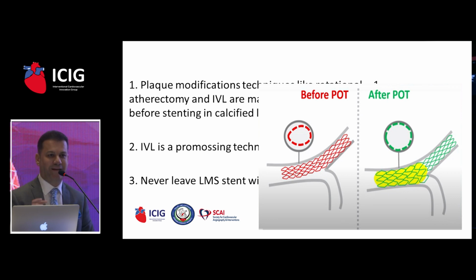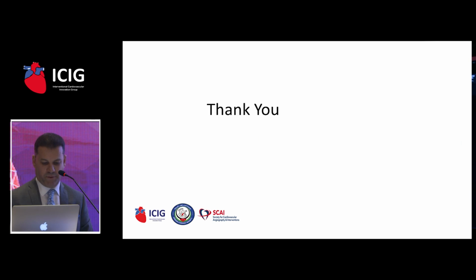And never leave any left main stem stent without POT. If you have a look at this slide, it's very nice, because before POT, sometimes we feel that we have opened the vessel, the stent, and everything is good. But POT prevents any problem or any under-expansion of the stent. And thank you very much for your kind attention.